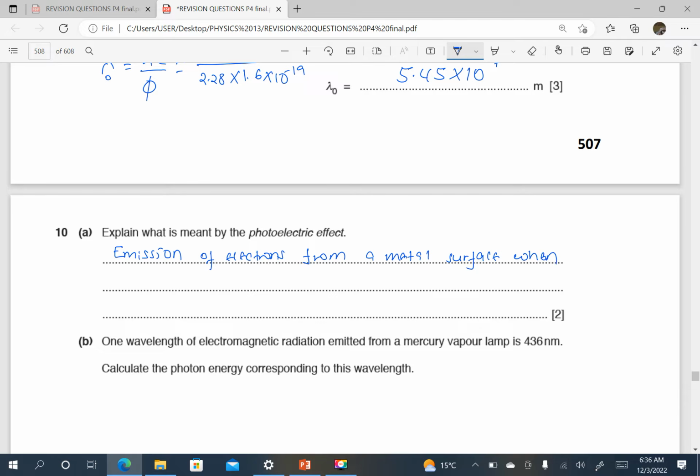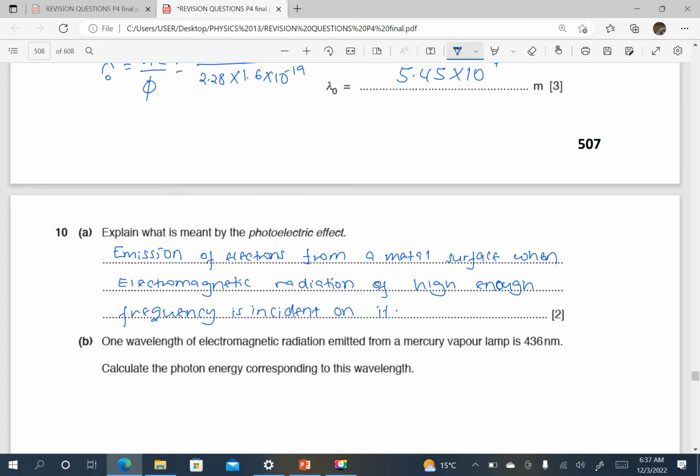when electromagnetic radiation of high enough frequency is incident on it or falls on it.